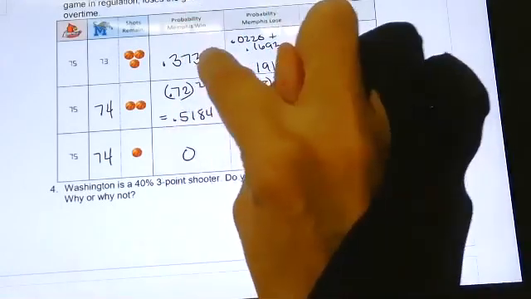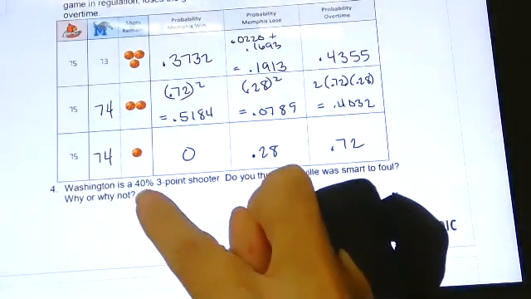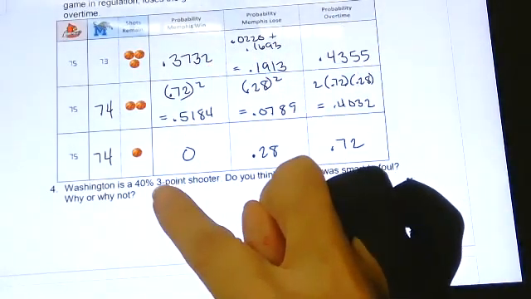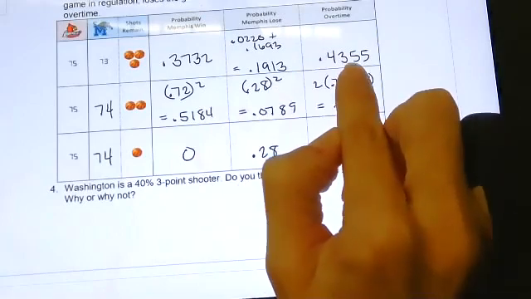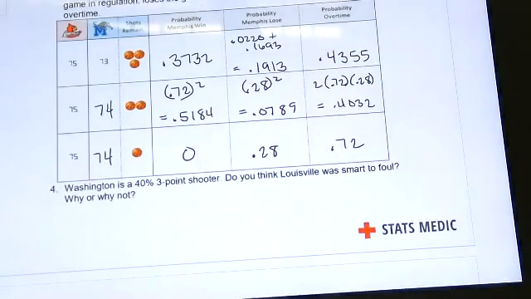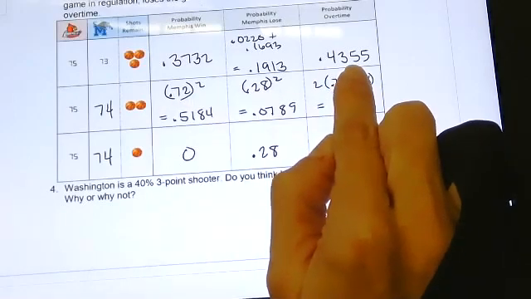So as far as the strategy itself, yeah, this decreased a little bit, not a lot. Is it a good move? It really does depend. Since there is almost a 50% chance, almost a 43.5% chance that they'll end up in overtime, is that a good move to force overtime? Because that's a really good chance of that happening.